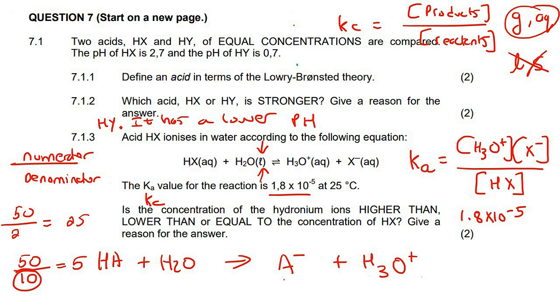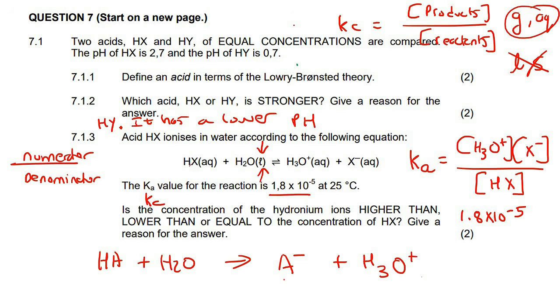So if you make this number larger, your answer becomes smaller. If you have the same number at the top and the bottom, your answer will be 1. If the number at the bottom is bigger, your answer becomes smaller than 1. If the number at the top is bigger, your answer becomes bigger than 1.